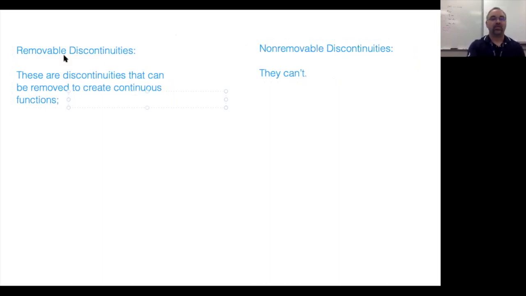Typically, when we talk about removable discontinuities, these are holes in the graph. And when we're talking about non-removable discontinuities, these are asymptotes.